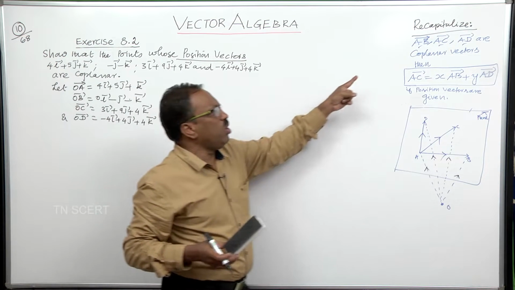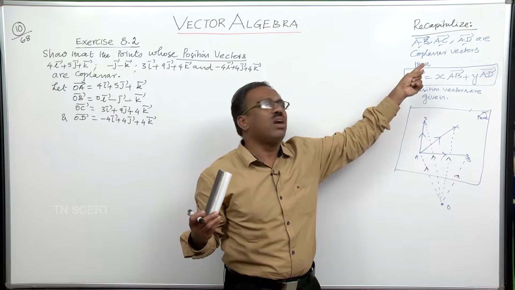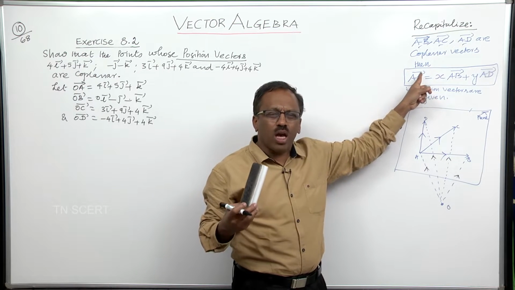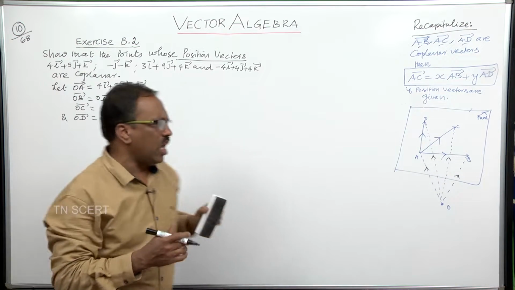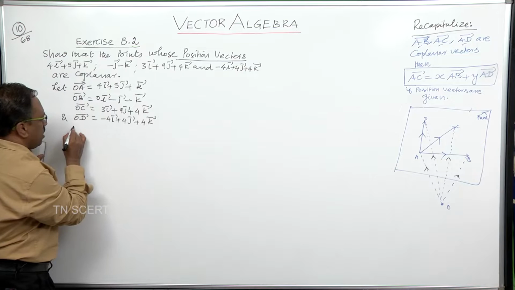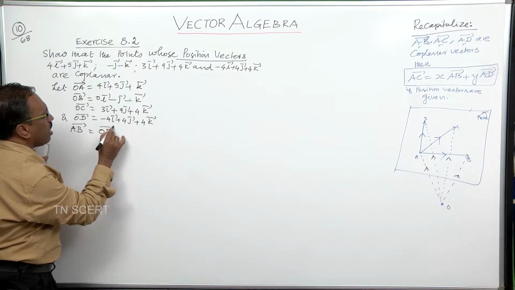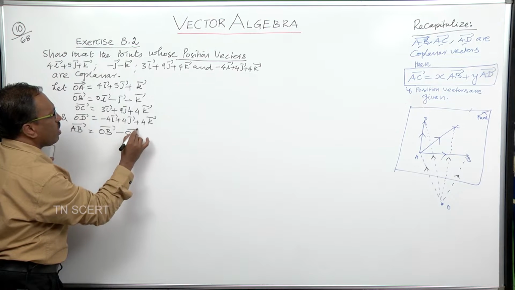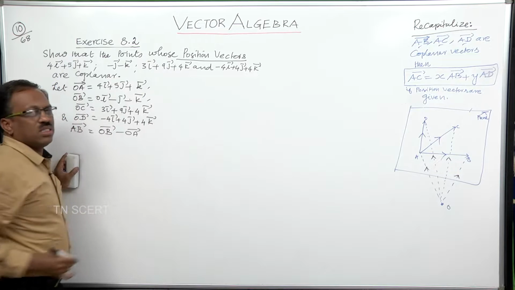As I told you, if we want to prove these 4 vectors are coplanar, I should find out AB, AC and then AD. What is AB? As you know, it is OB minus OA. This minus that.